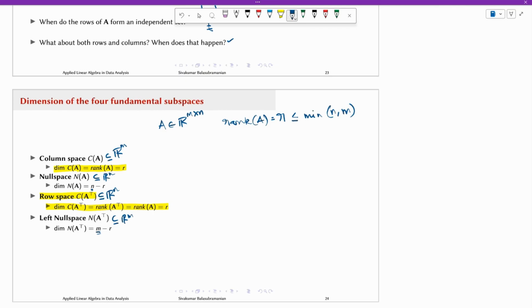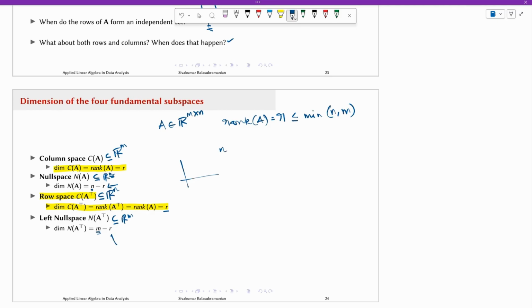So we saw last class that the input space is divided into the row space and the null space, right? What is the dimension of the input space? It's n. The overall dimension of the input space is n. The dimension of the row space is r. So it turns out that the dimension of the null space is essentially n minus r. Whatever dimensions are left, that's taken up by the null space.